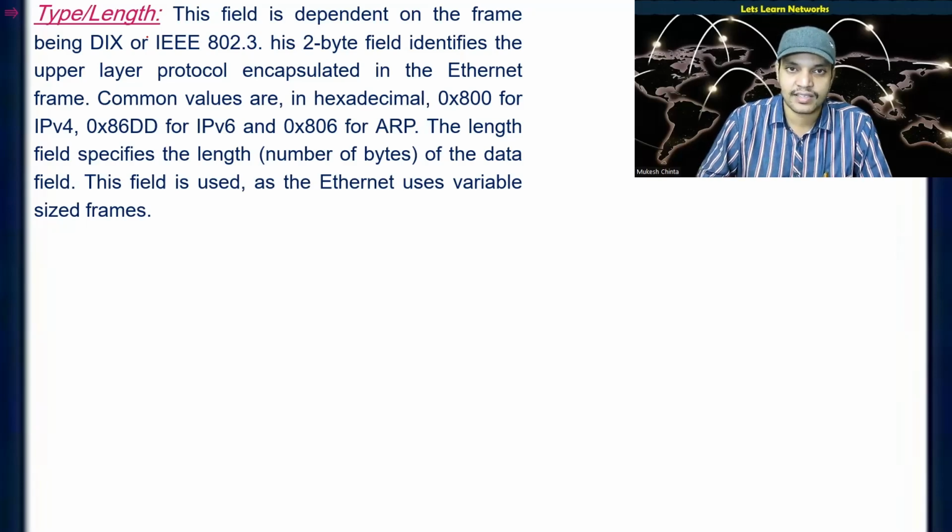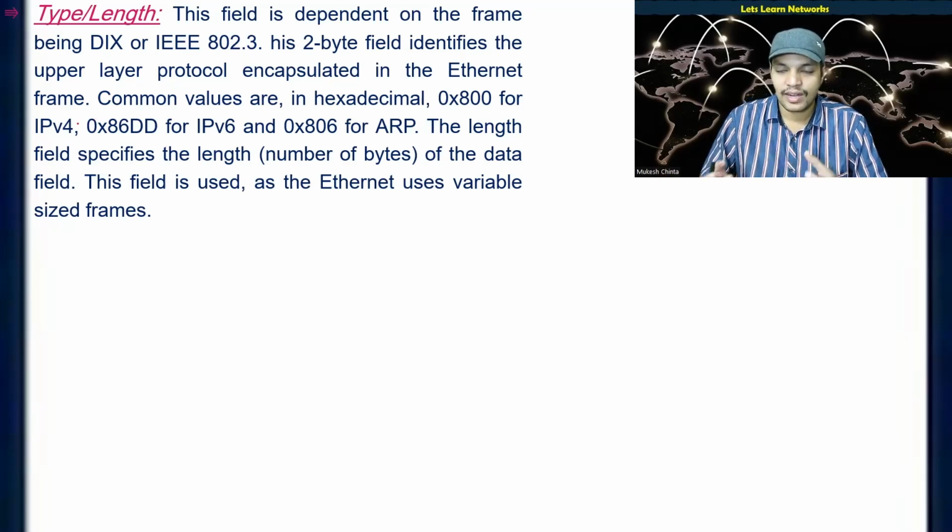In case of the DIX standard, we discuss it as the type field, and in case of the IEEE 802.3 standard, we discuss it as a length field. Of course, the type field is going to identify the upper layer protocol encapsulated in the Ethernet frame. That means once the receiver's data link layer gets this frame, it has to understand to which protocol in the network layer this frame should be handed over.